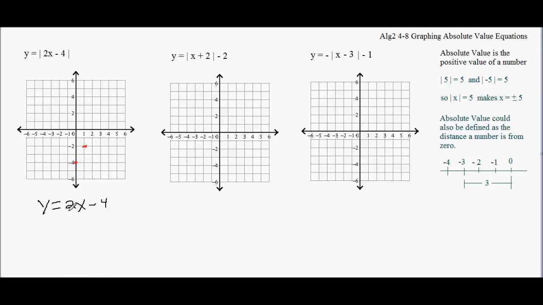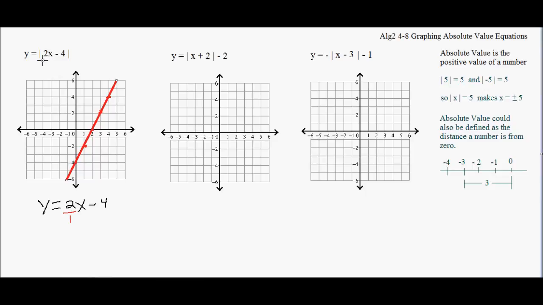We assume there's a 1 there and go up 2 over 1, up 2 over 1, up 2 over 1. And I could draw a line pretty good like this. That would be the line, right?